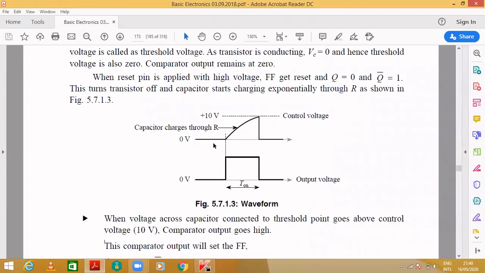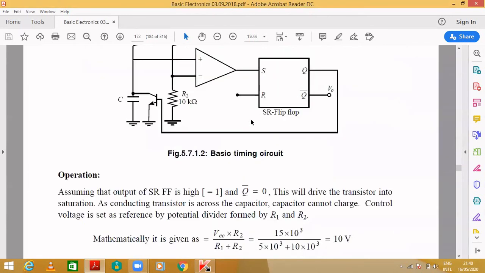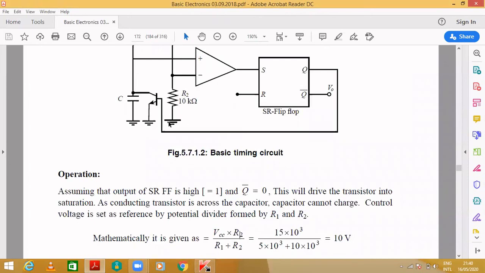Whenever there is a start, there is 0 volts. When the capacitor starts charging, the Q point will be equal to how much?